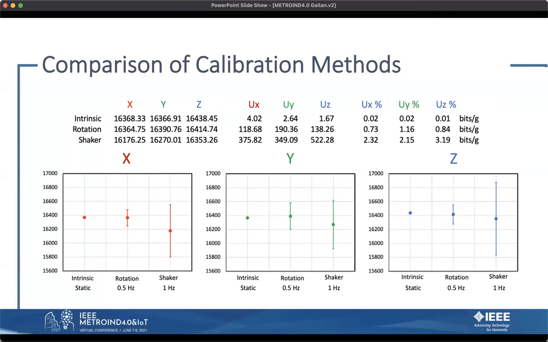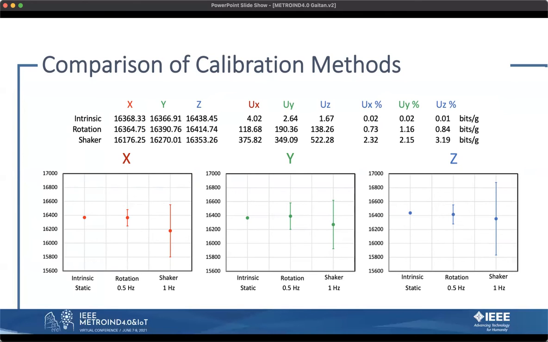Now, taking that information, what we're looking at are 3 graphs for the X, Y, and Z accelerometers. The first point is the intrinsic or static calibration, and those uncertainties are very small compared to the other 2 calibration methods shown here. The second one is the rotation implementation of the intrinsic static method, at 0.5 hertz.